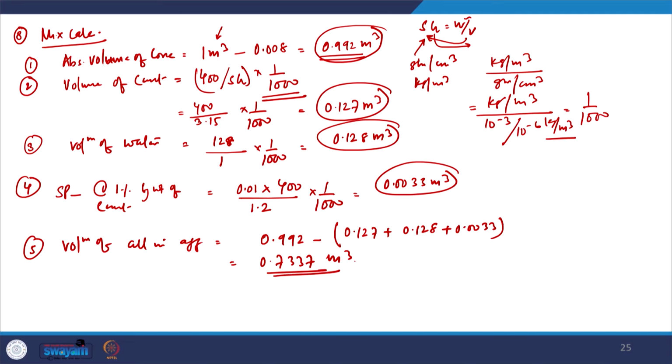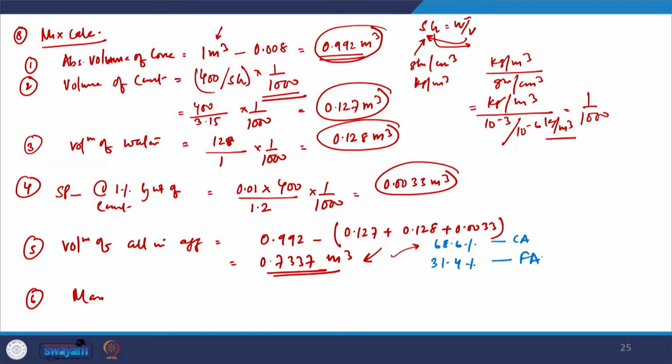Now we go to the next step, that is mass of coarse aggregate, because we have got this volume here. Just to mention here that 68.6% of this volume belongs to coarse aggregate, and similarly 31.4% of this volume belongs to fine aggregate.